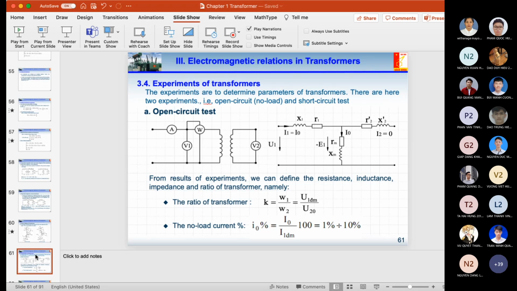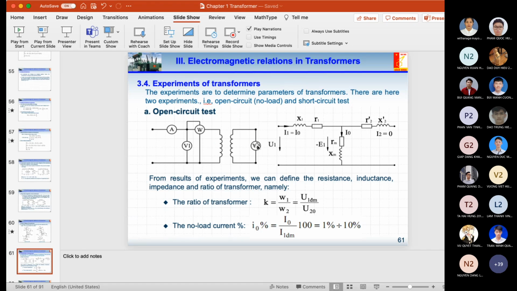Okay, the first case is the open circuit test. To keep it simple, we consider a single phase transformer. You can have a look at this diagram quickly. For the input, this is the primary winding, and here is the secondary winding.